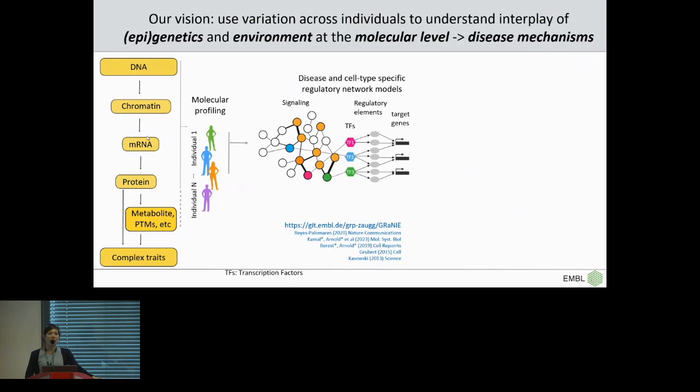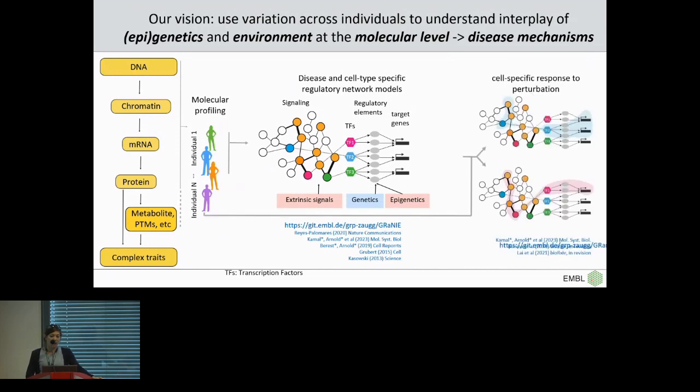We try to build gene regulatory networks that connect the signaling component through the transcription factor to the regulatory elements and then the target genes. We can then integrate these different layers of extrinsic signal, genetics and epigenetics. And ideally, we can build these networks in a cell type specific way to understand the perturbations that may happen through a specific extrinsic or intrinsic perturbation in different cell types.